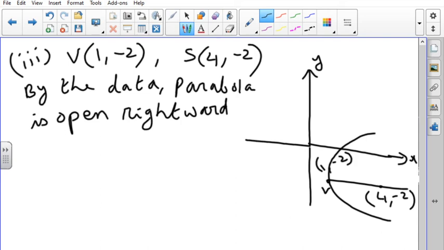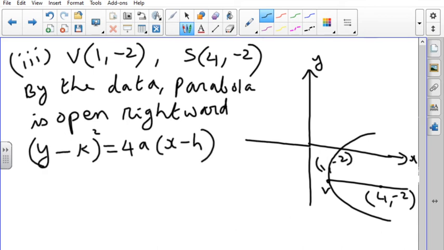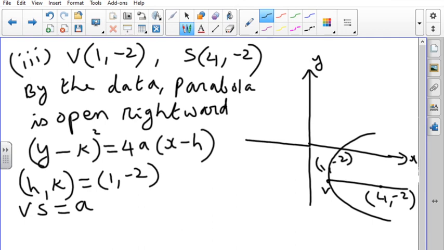But here the vertex is 1 comma minus 2, so it is y minus k the whole square is equal to 4a into x minus h, where h comma k is 1 comma minus 2 and VS is nothing but a, the distance between the vertex and the focus.